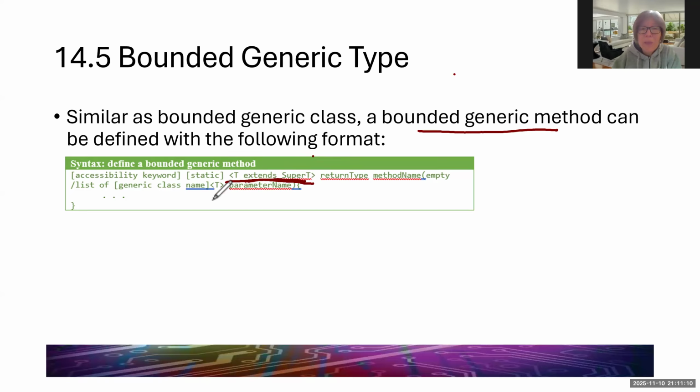And then when we provide some specific parameter, for that T you can just use T. You don't need to do the extends super type; you don't need to repeat it. So this is for the bounded generic method.